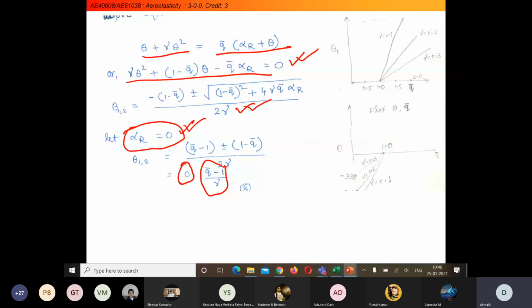Suppose we consider these two together, we have to see whether I can get an analytical solution or not. And also I'll be considering cubic and a combination of quadratic and cubic in the structural stiffness and also aerodynamic stiffness, in different combinations, so that I can get the roots and some idea of the aeroelastic system under nonlinearity condition. Okay.